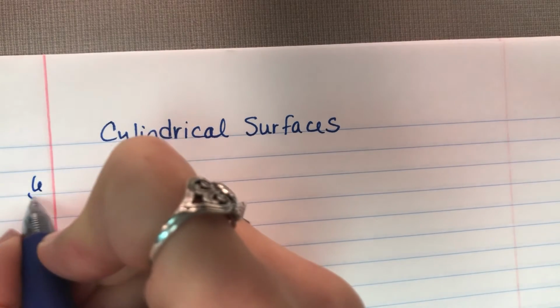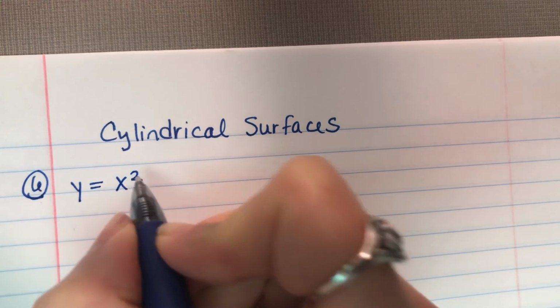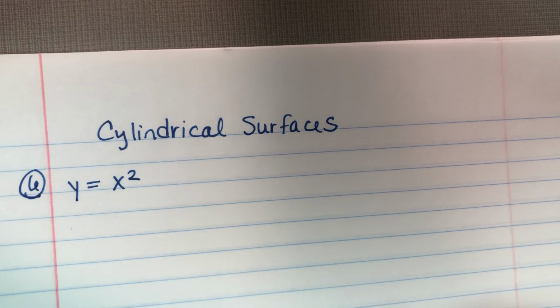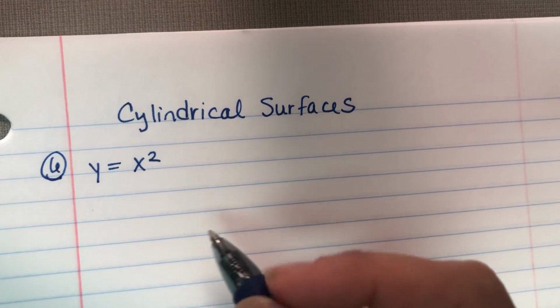So let's start with an easy one. How about y equals x squared? Now y'all know what that graph looks like in two-dimensional algebra. It looks like a parabola, right? But we're going to do this in 3D.